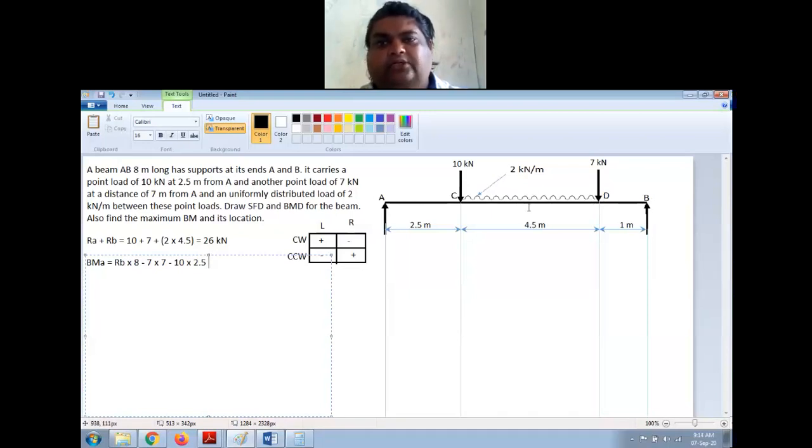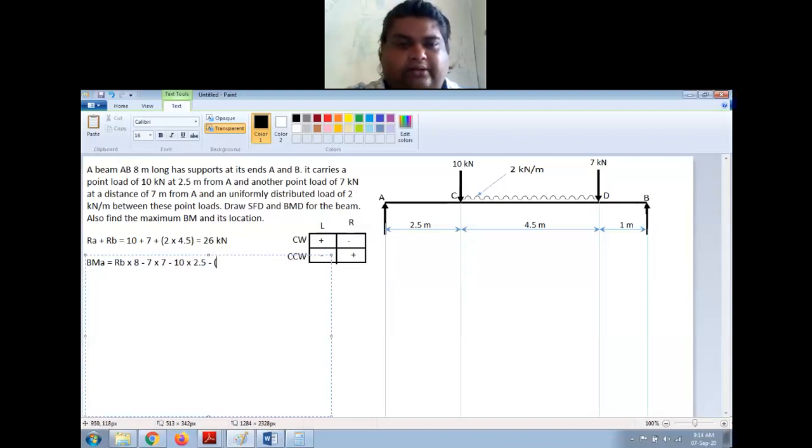Again, this UDL that is there between C and D is also a force which is acting in downward direction. So right side downward direction it is making a clockwise moment. So that will also be negative. Now what is the intensity? It is 2 kilonewton per meter. So 2 into 4.5 is the total load of the UDL, right?